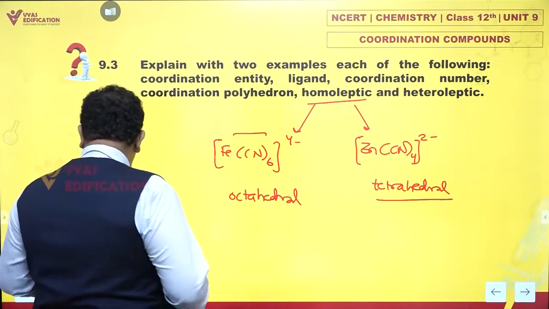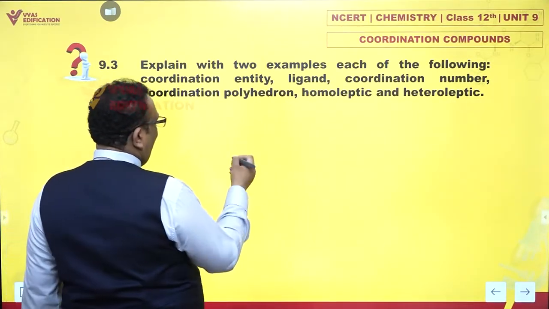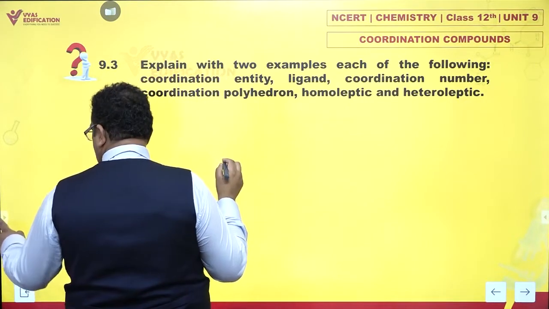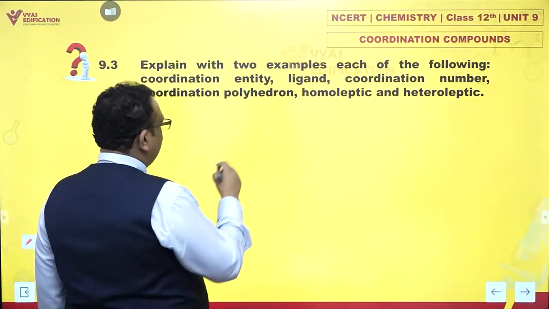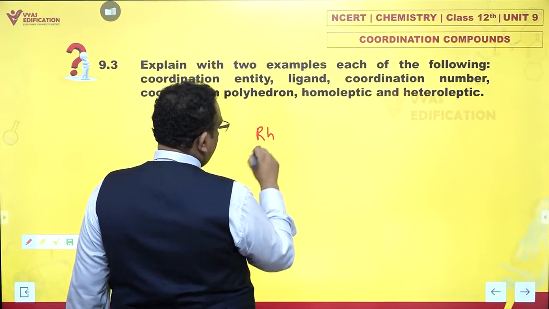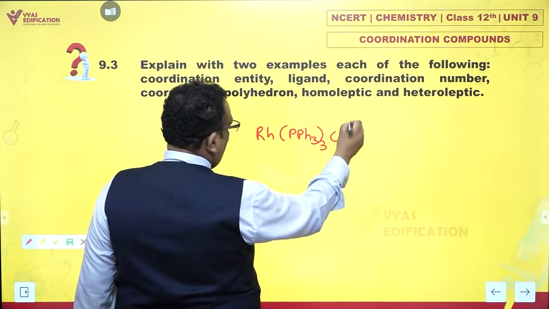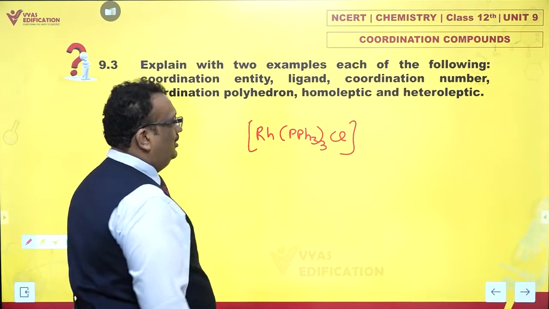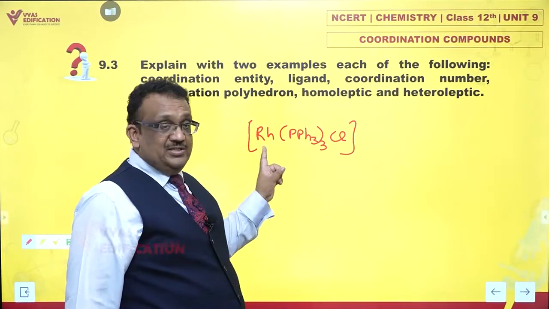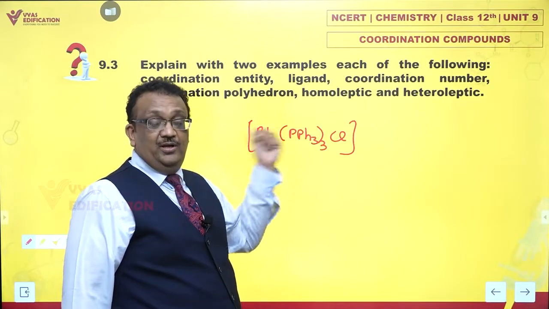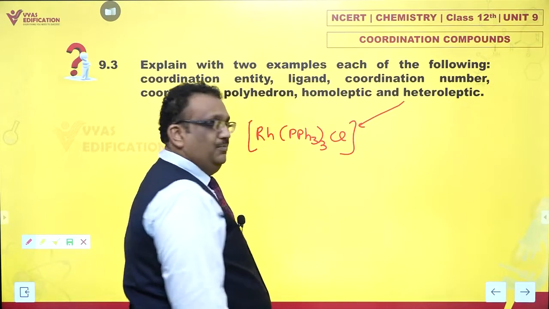You could write down practically anything and that would work. Say I have rhodium, something fancy I'm taking. Now you take (PPh3)3 and Cl, something of that kind. If you have this, then there are 2 kinds of ligands, triphenylphosphine and chloride. This is an example of a heteroleptic complex.